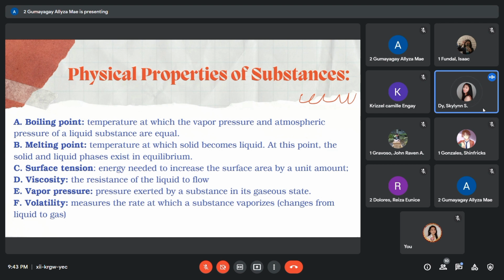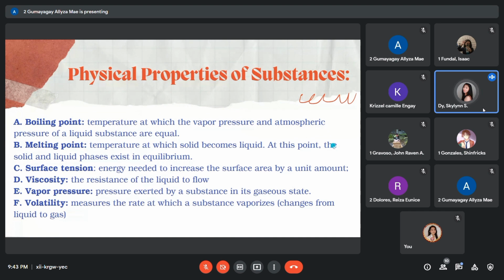D. Viscosity, the resistance of a liquid to flow. E. Vapor pressure, the pressure exerted by a substance in its gaseous state. F. Volatility, measures the rate at which a substance vaporizes, changing from liquid to gas.